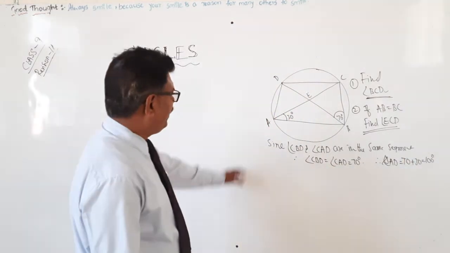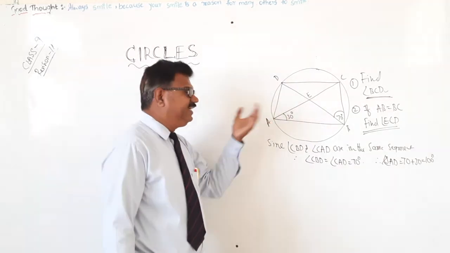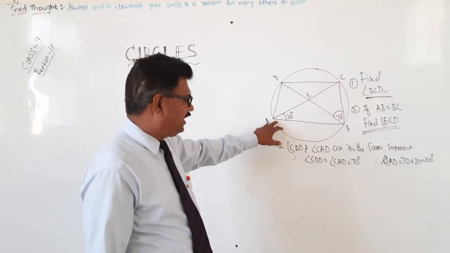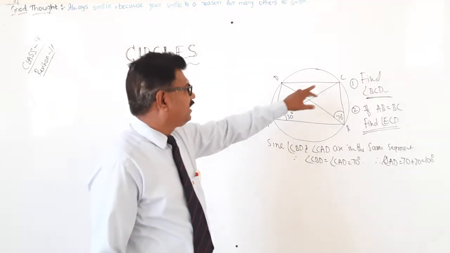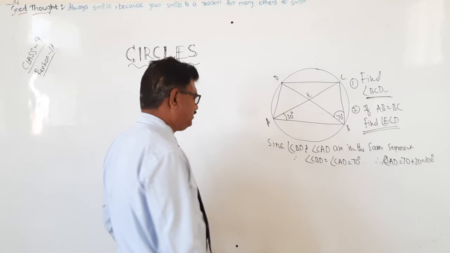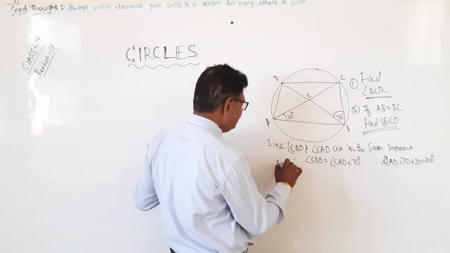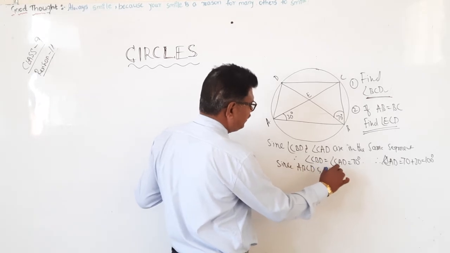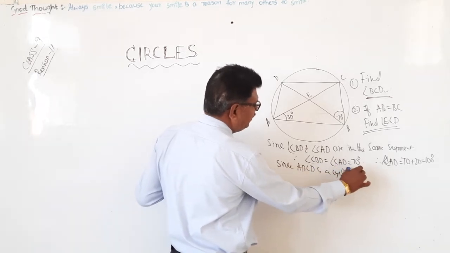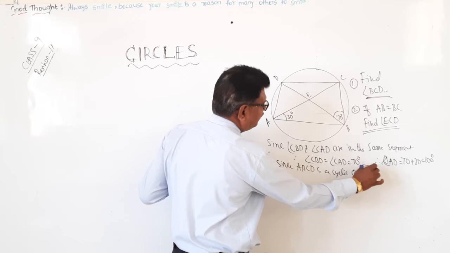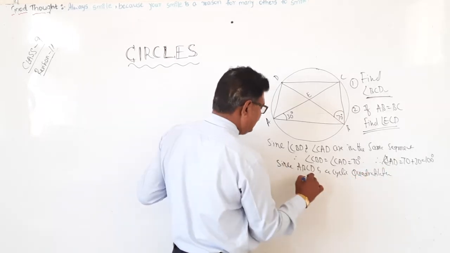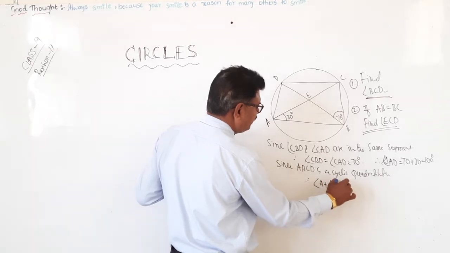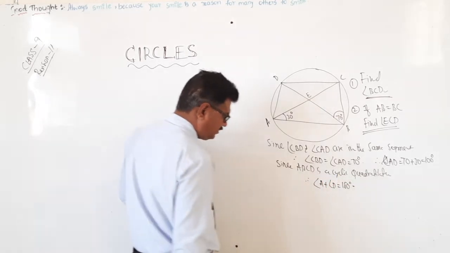Okay? But he has given that ABCD is a cyclic quadrilateral. When A is 100, then what about C? Yes. You can write, since ABCD is a cyclic quadrilateral, therefore angle A plus angle D equals 180 degrees.